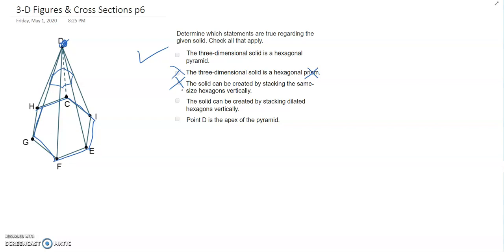The next one, the solid can be created by stacking dilated hexagons. Yes, each one of these is getting smaller, so that's what I just mentioned on the last one. Should be true for that one as well. And last one, point D is the apex or vertex of the pyramid. That is correct. So the 3 that we should have come up with are these 3.